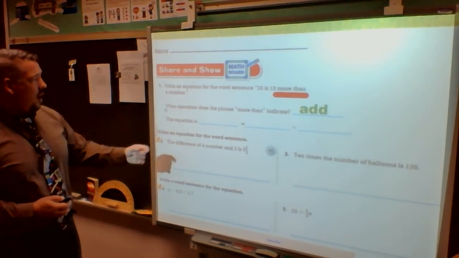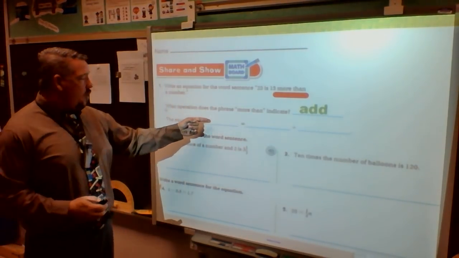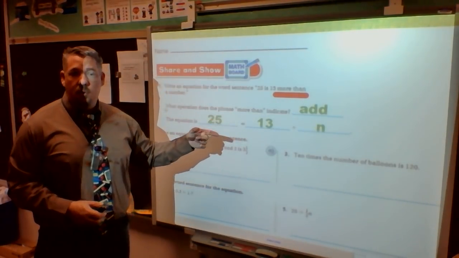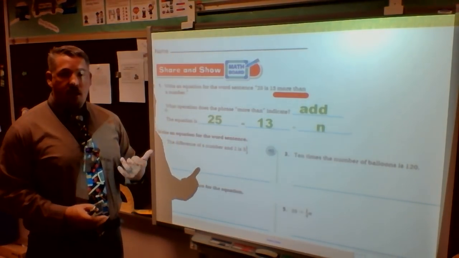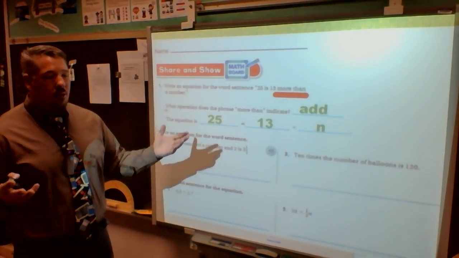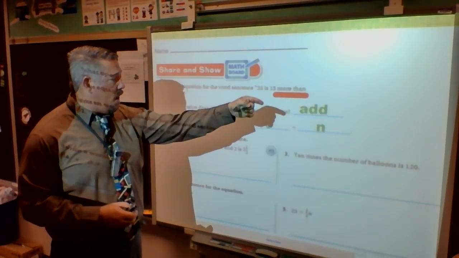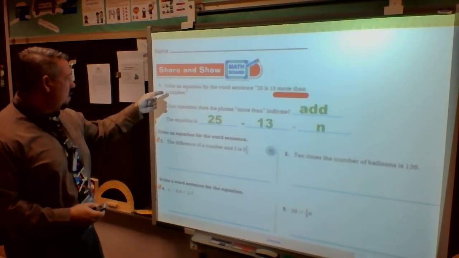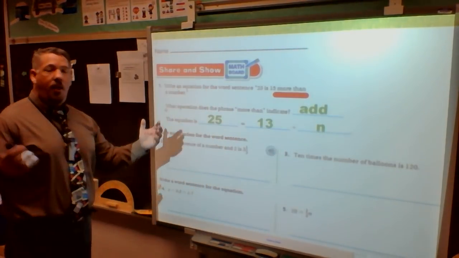So I could start with 25 is, so is my equal sign, so it's a little backwards from what we've seen so far, but I just put my 25 is equal to with the math on the other side. Doesn't matter what side the equal sign is on, or the answer. It can be on the left like this one, could be on the right like we're used to, but math is still done the same way. It doesn't affect my answer at all. So when I look at the words, it says 13 more than, so I'm just going to keep it in that order. 13 is more than the n that they tell me about, a number. That would be my algebraic equation. That is my answer.